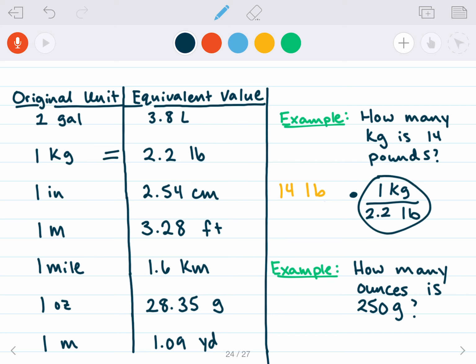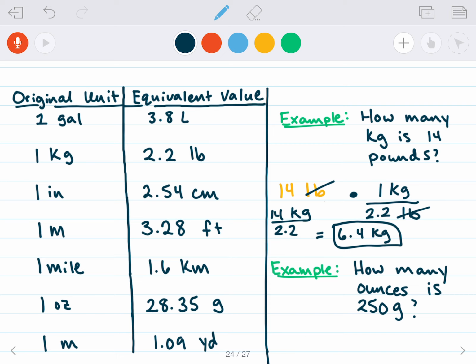These are equal to each other, so this thing is going to be 1. We're just changing the look of it. These pounds cross-cancel, multiply straight across, and I get 14 kilograms over 2.2. 14 divided by 2.2 is about 6.4. So 6.4 kilograms is our answer here.